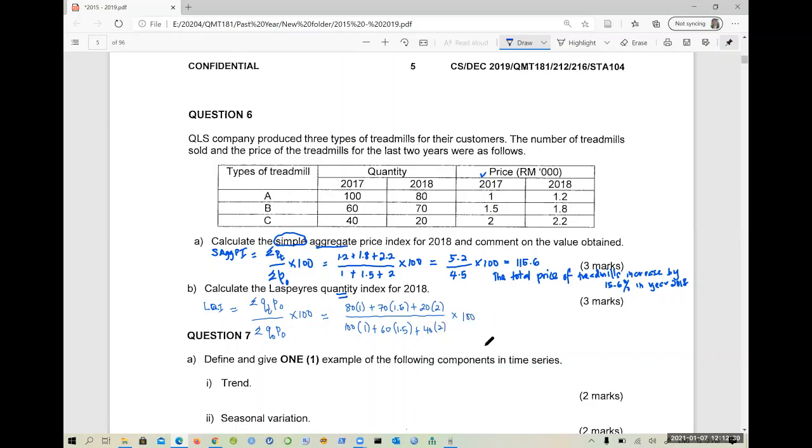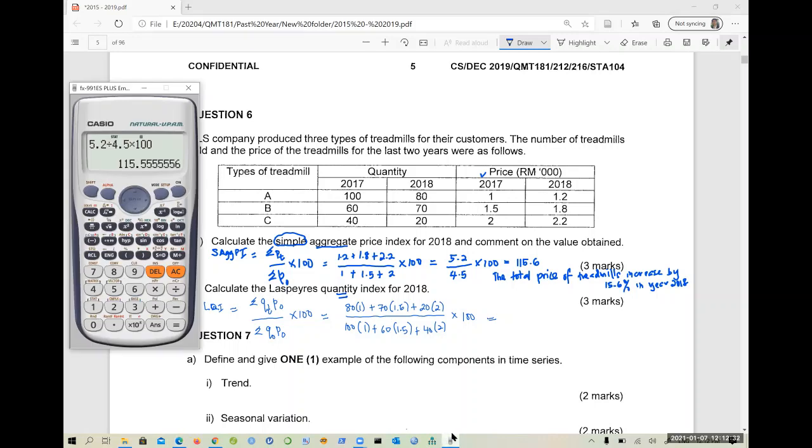Let's calculate this using your calculator. For the top part, 80 times 1 plus 70 times 1.5 plus 20 times 2, then close the bracket, divide, and open a bracket again for the bottom part.